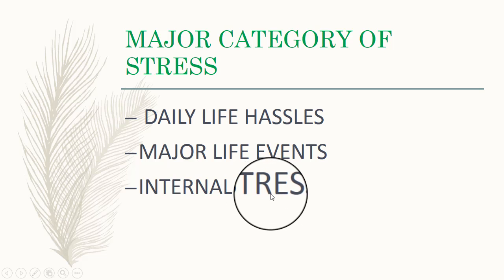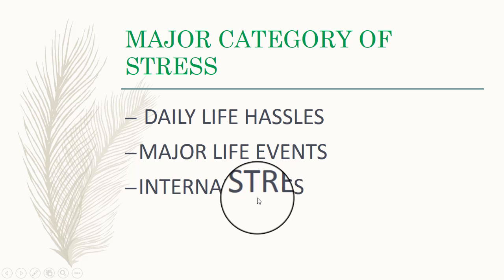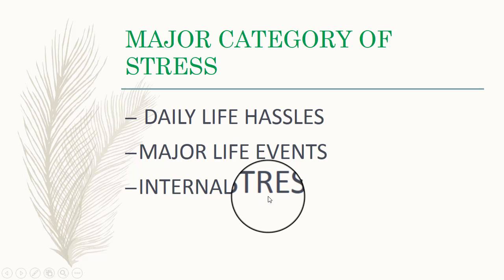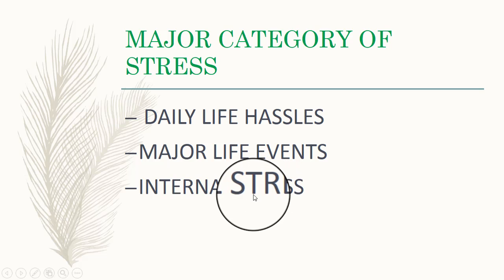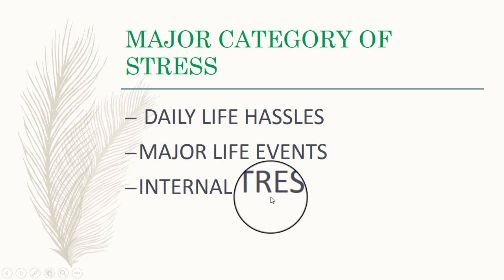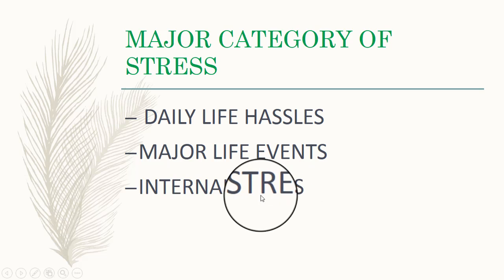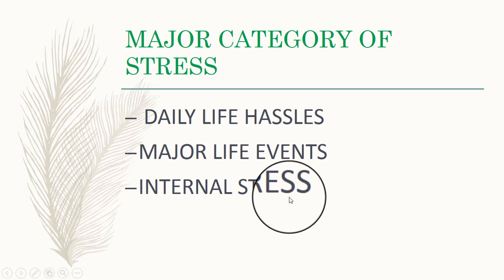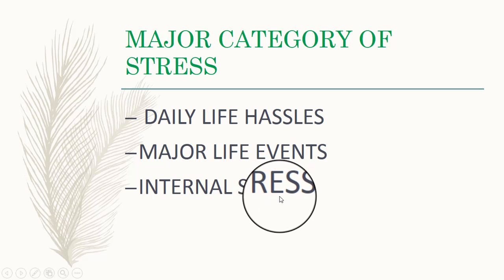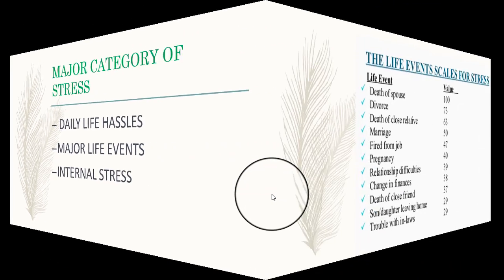Second subtitle, negative self-talk, like pessimistic thinking, over-analysis. Third subtitle, mind traps, that is unrealistic expectations, all or nothing thinking. Last, the fourth subtitle, personality traits, that is perfectionist, workaholic. So this was all about internal stresses.